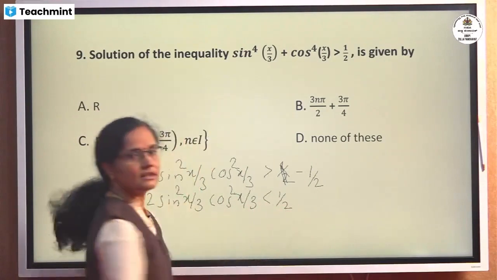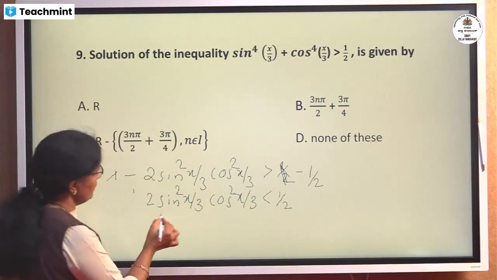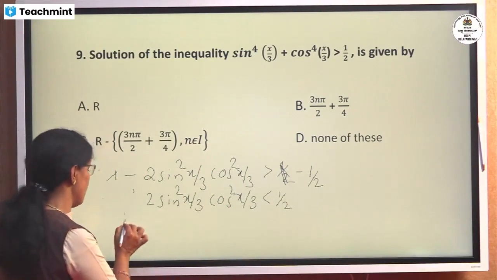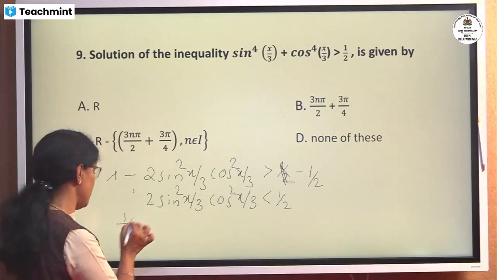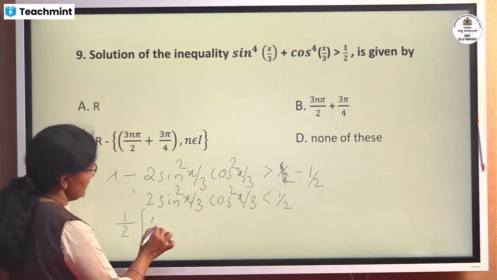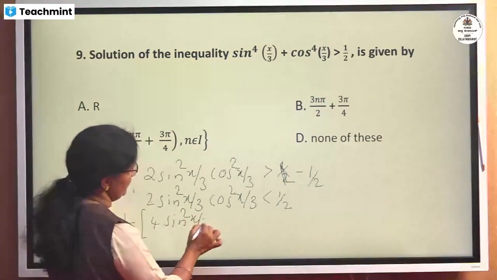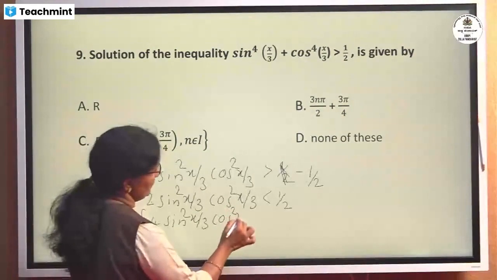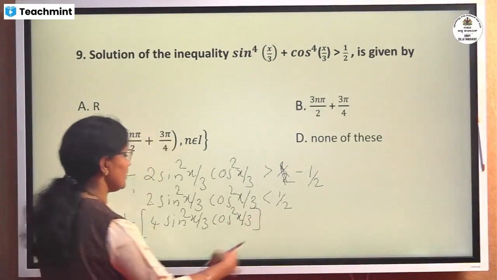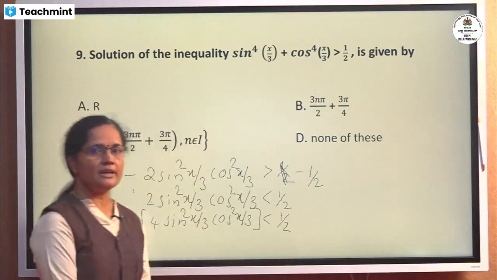So then I will use the sin 2 theta formula by making it 4. So I have to multiply by 2, and I will divide it by 2. Therefore, I will get 4 into sin square x by 3 cos square x by 3 is lesser than 1 by 2. Half and half cancels here.